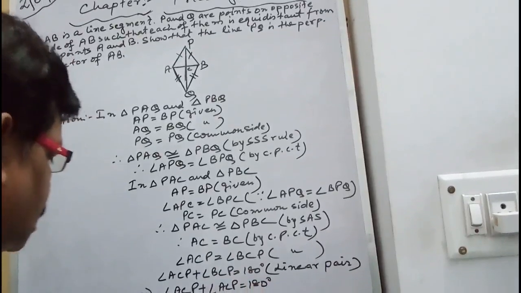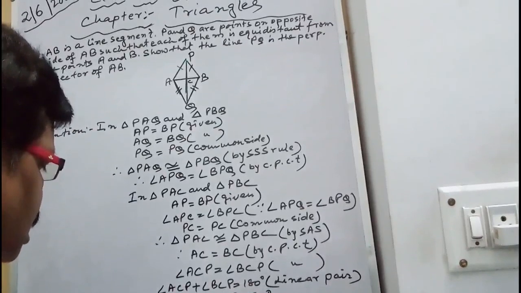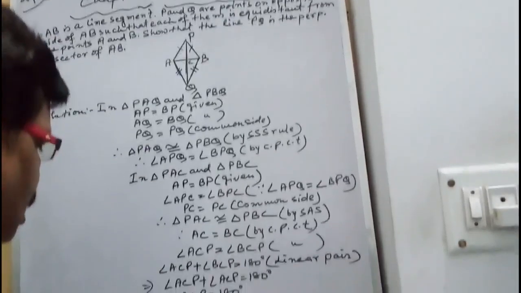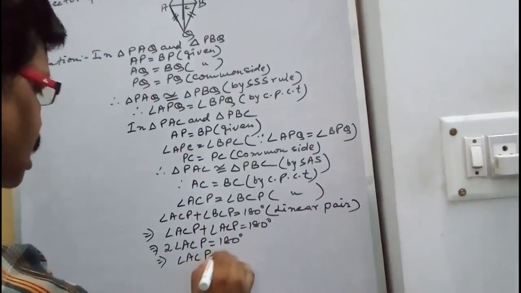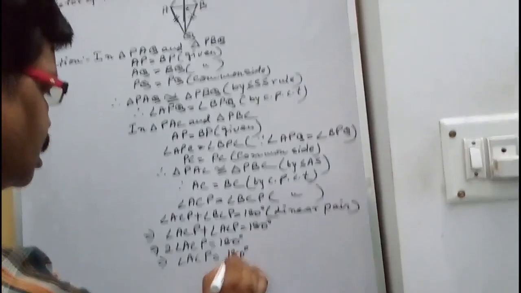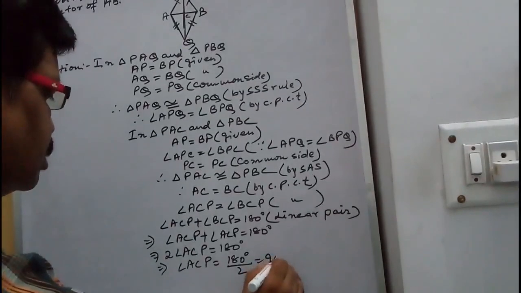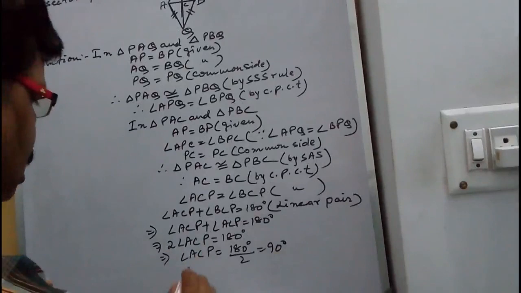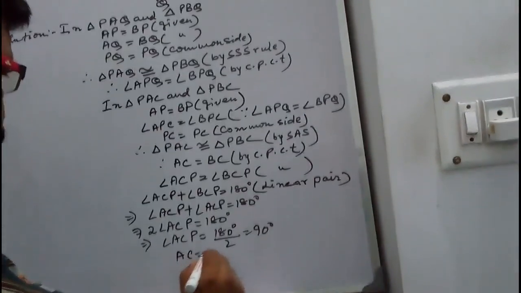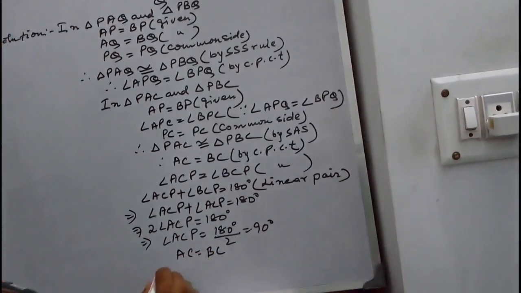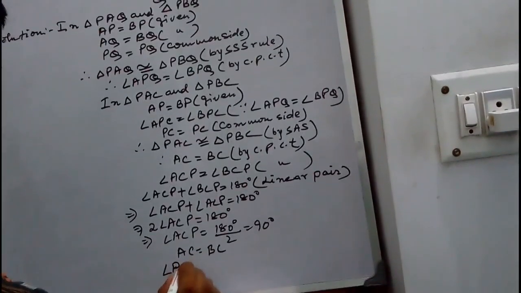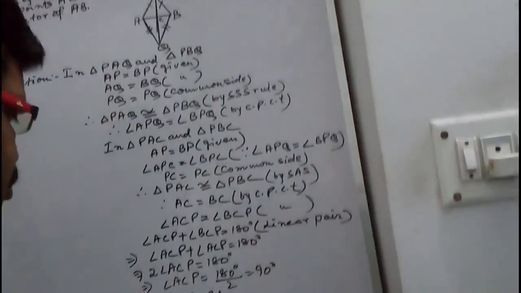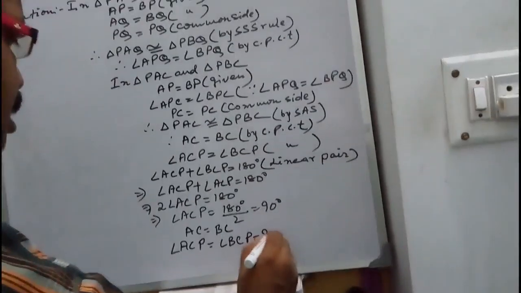So 2 angle ACP equal to 180 degrees. Angle ACP equal to 180 degrees divided by 2, which is equal to 90 degrees. So what you got: AC equal to BC, and angle ACP or angle BCP, each is 90 degrees.